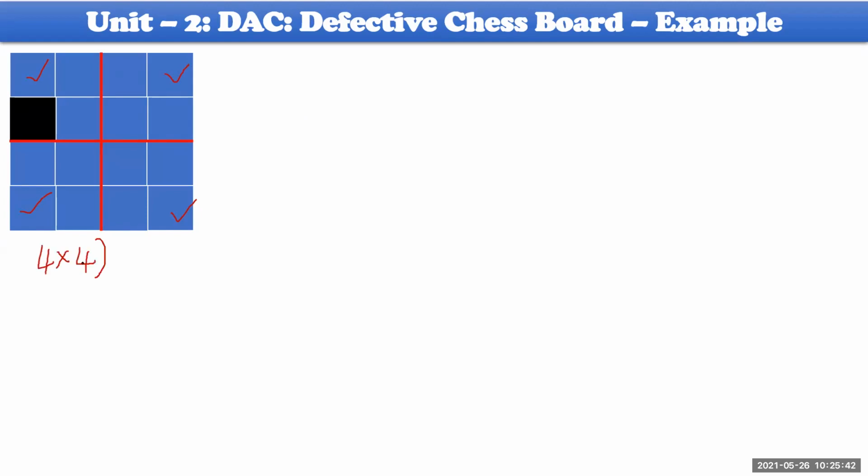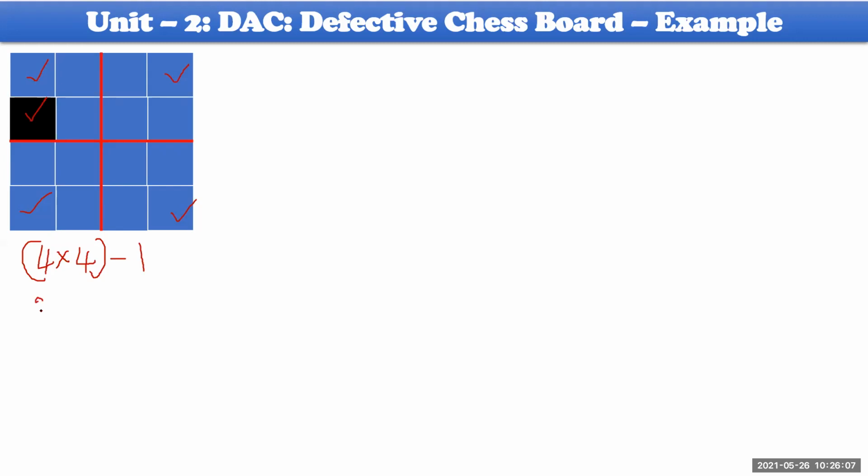Out of this 4 by 4 chessboard, you have only one defective tile, which has been mentioned here, and the remaining 15 are non-defective tiles. To solve this problem, what is the first step? The first step is to divide this problem into smaller ones.